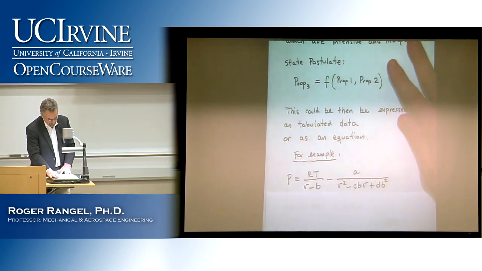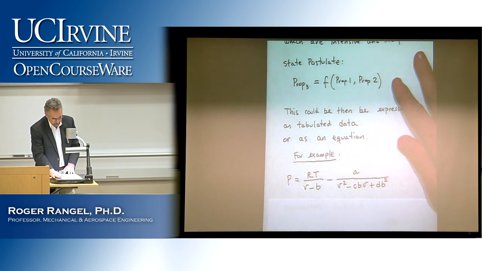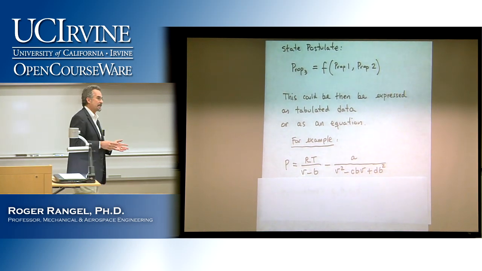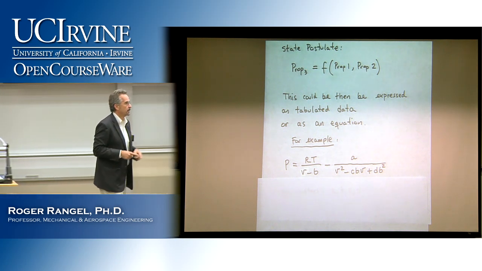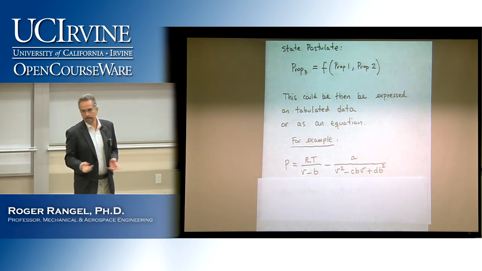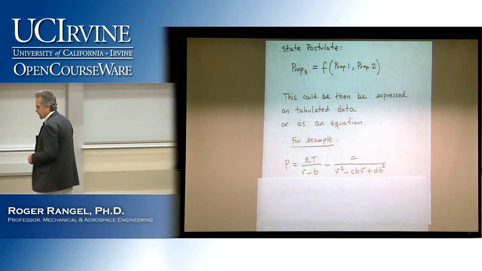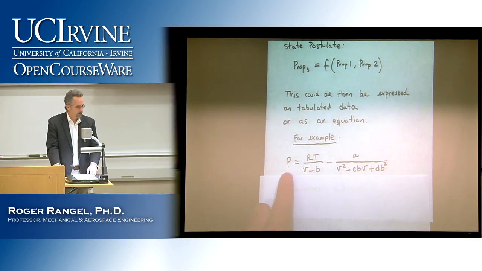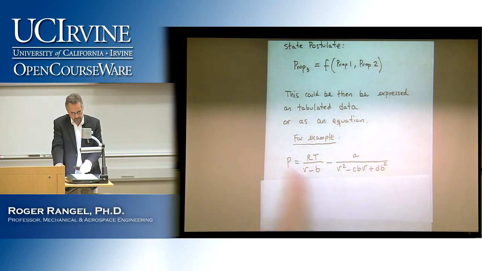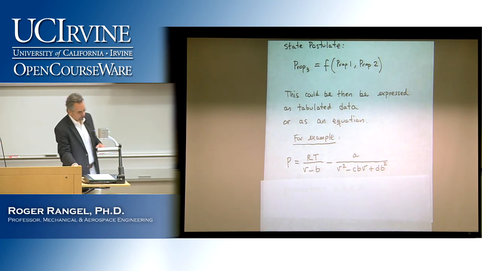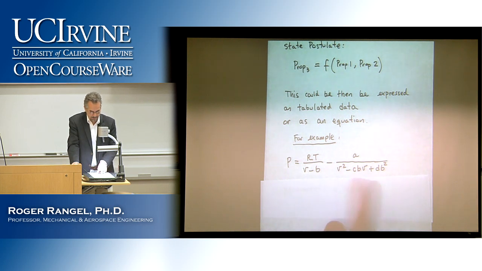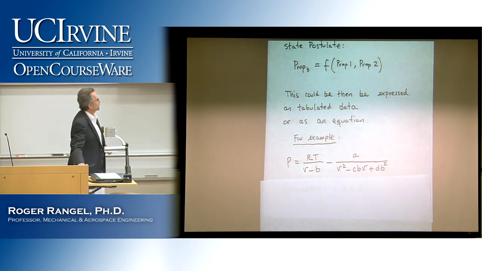For example, here's a relatively simple example of a state equation. It's written in terms of pressure. Pressure P is equal to what you see on the right-hand side. It has two terms, RT over V minus B, minus A, and then there is this quadratic expression down here.